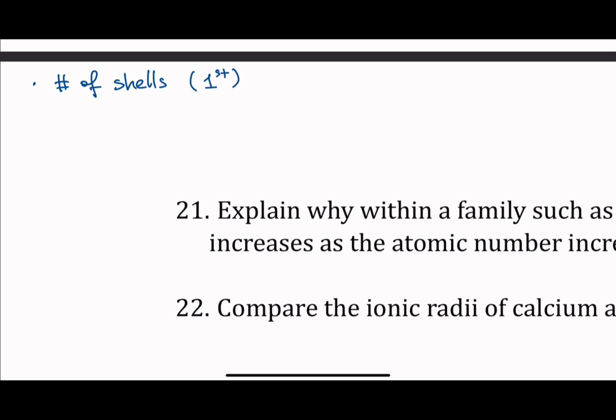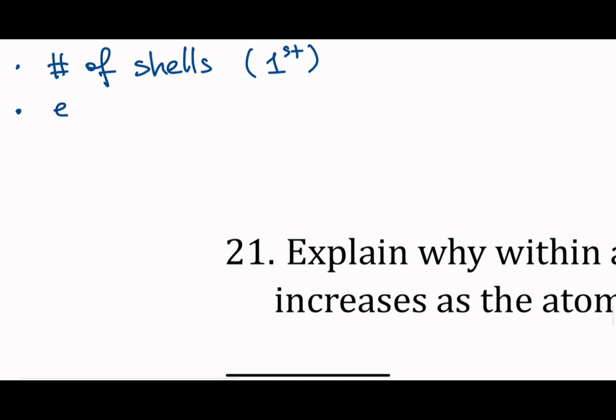First, if we compare two components, and one of them has more shells, we know it has a bigger atomic or ionic radius in general. That's one of them. Second one, we had effective nuclear charge, meaning amount of protons in the center.